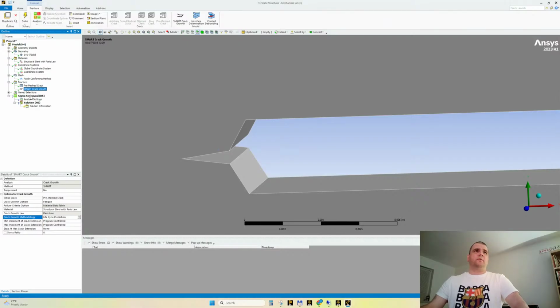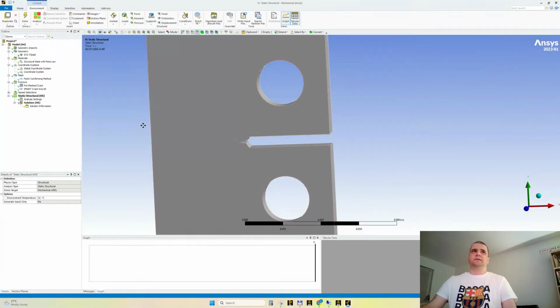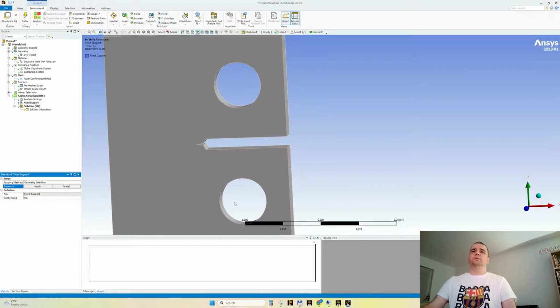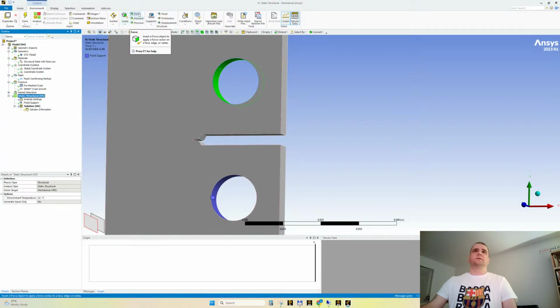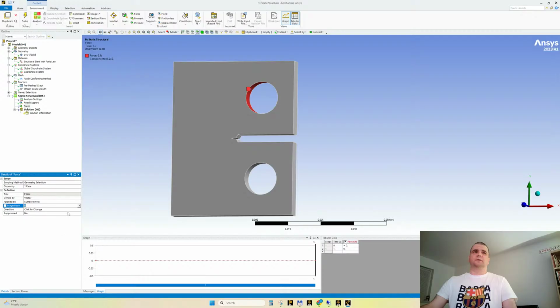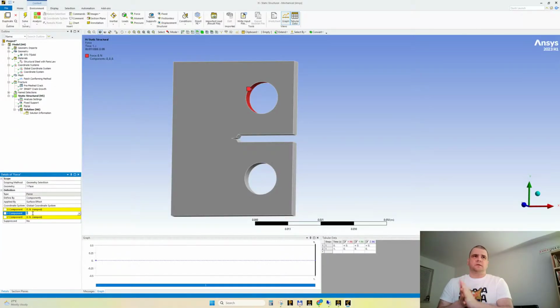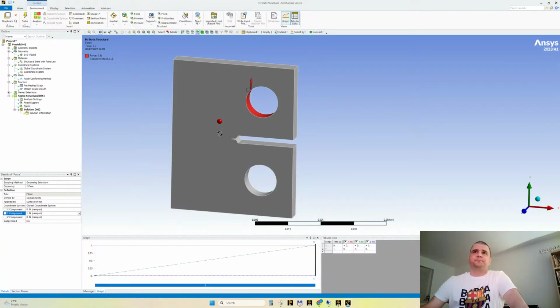Now, let's apply the loads. We do have a fixed region and a force. We will make it on the positive y-axis and make it maybe 1 Newton.